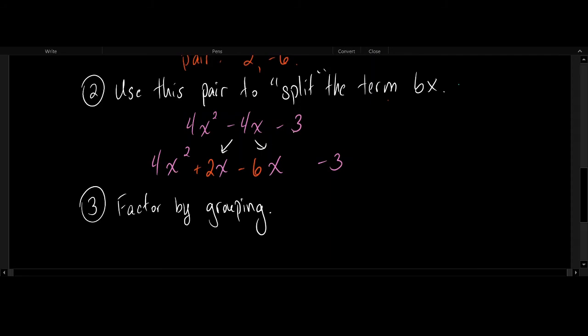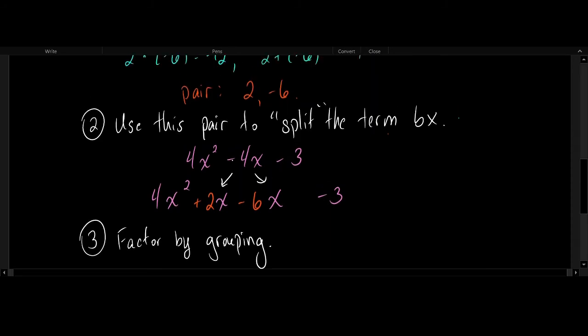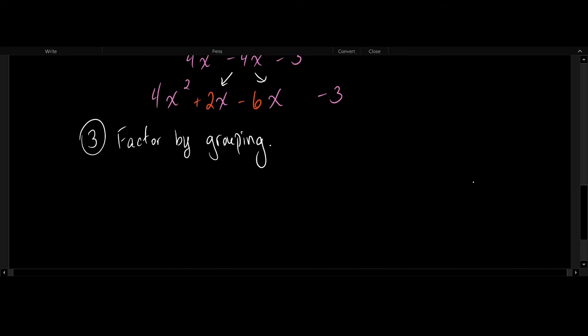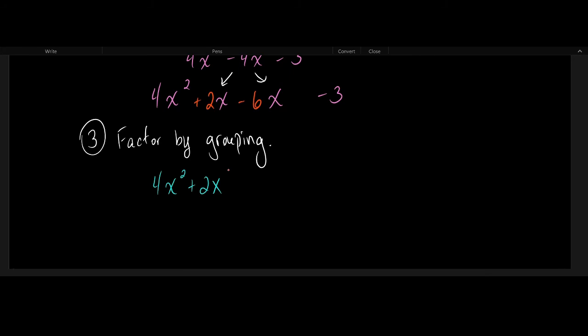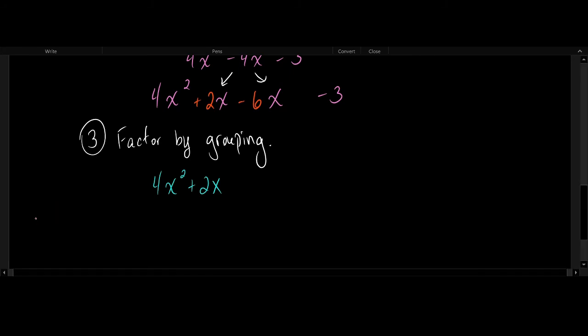And that was why we split up the second term into 2 separate terms, so that we went from having 3 to having 4. That way we could factor by grouping. Now factoring by grouping says, first, look at the first 2 terms all by themselves and try to factor out the greatest common factor.